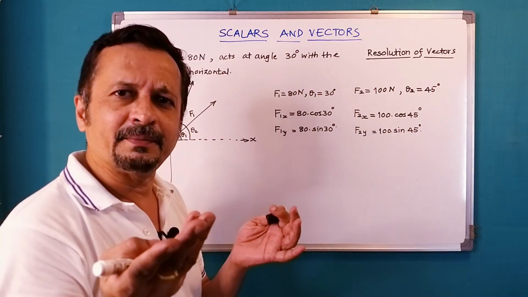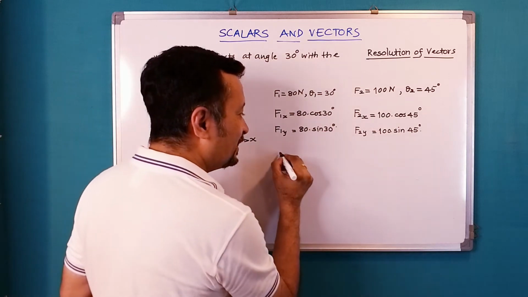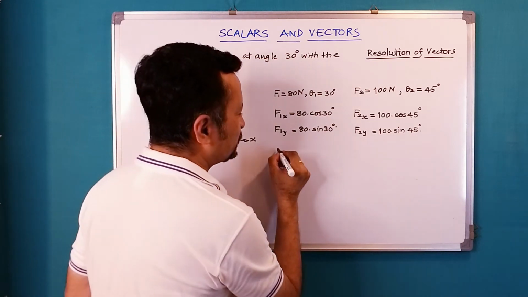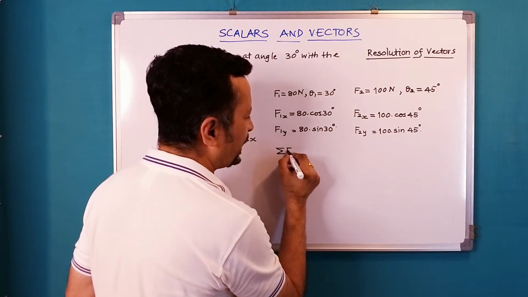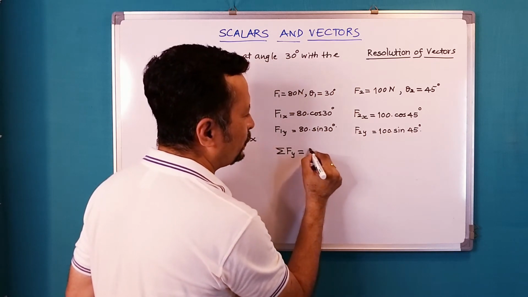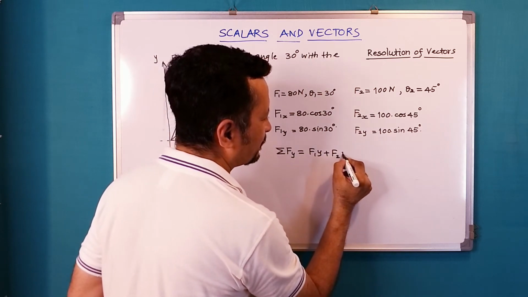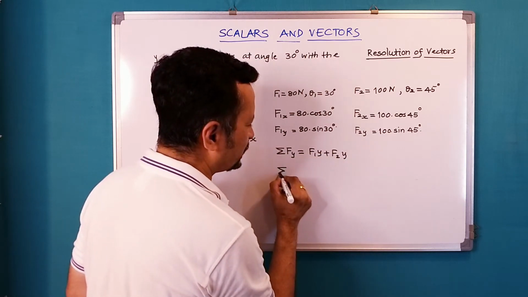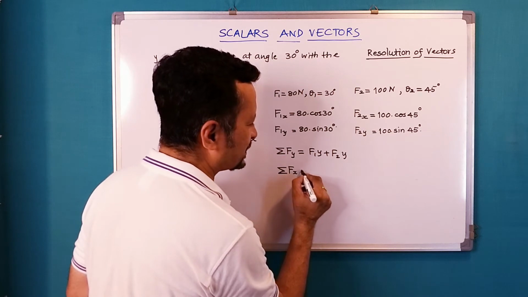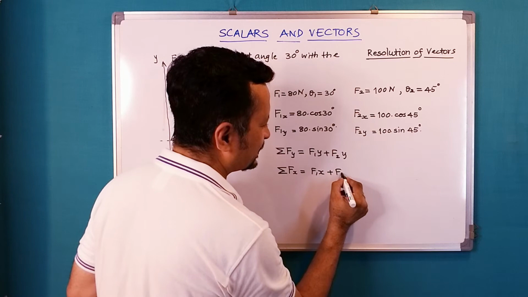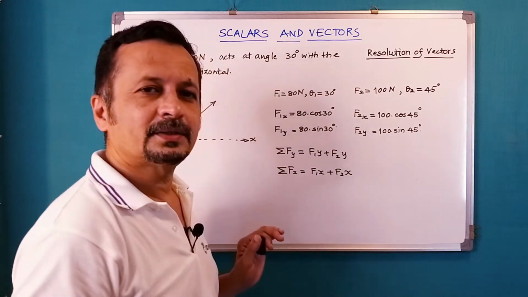So can we add them? Yes. So I can say total force in the y direction, sigma Fy, is equal to F1y plus F2y, and total force along x direction, sigma Fx, is equal to F1x plus F2x.